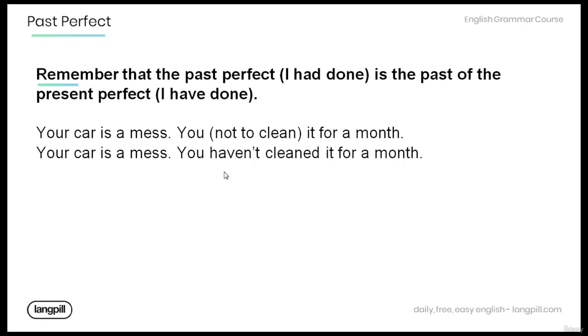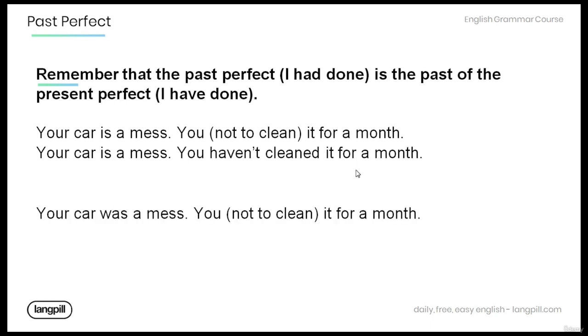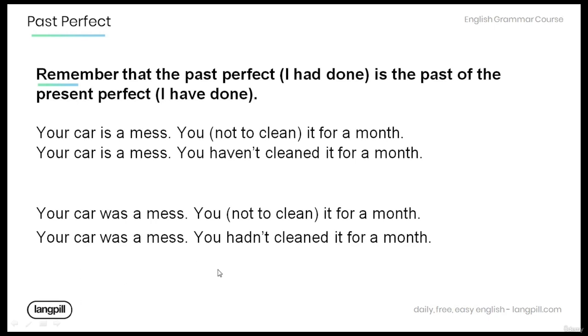Your car is a mess. You haven't cleaned it for a month. And now provide the past perfect of the words in the bracket. Your car was a mess. You not to clean it for a month. Your car was a mess. You hadn't cleaned it for a month.